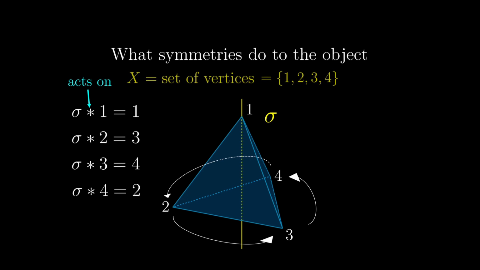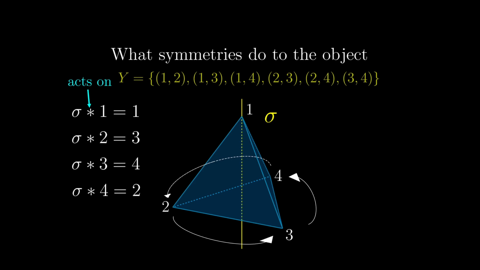But of course, the set of vertices is not the only thing that sigma can act on. We can also consider the set of edges. Here is an example of sigma acting on the edge connecting vertices 1 and 2. And here, the cross sign has nothing to do with multiplication in the traditional sense, it just means acting on.